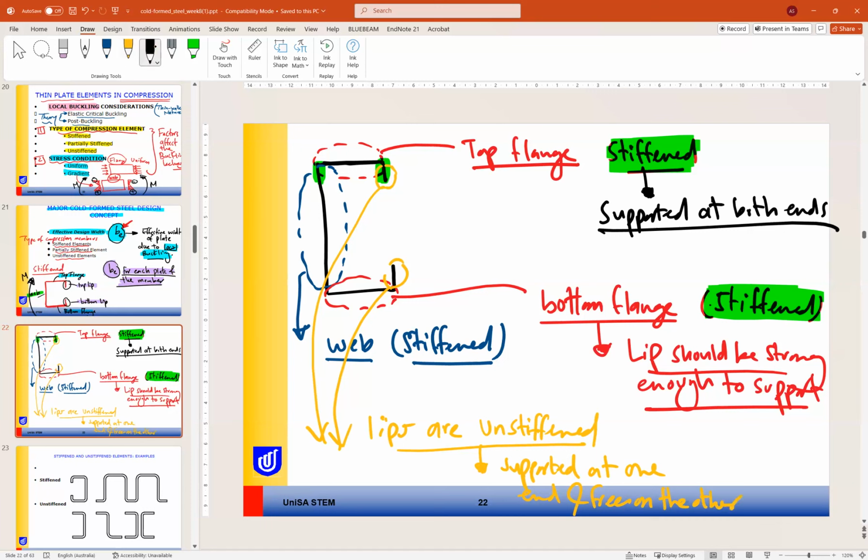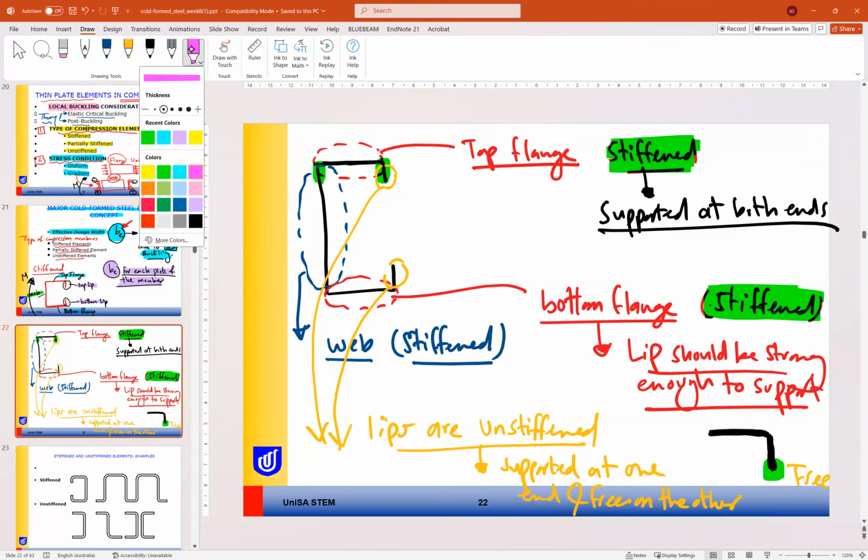So if we consider this our lip, the lip is free at this end, right? And actually it is supported on the other end. Okay, so this is the difference between stiffened and unstiffened.